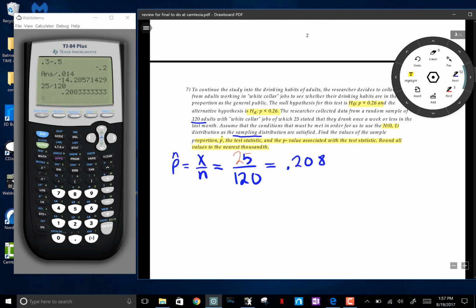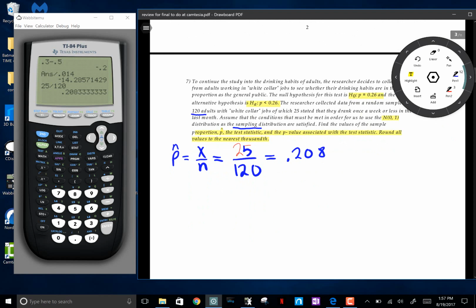All right, so the next thing we want to do is get the test statistic. Once again, this is for proportion, so we want to get the standard error, where standard error is equal to the square root of 0.26 times 1 minus 0.26, all divided by however many samples you have. This one is 120.